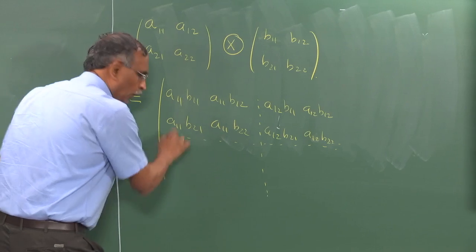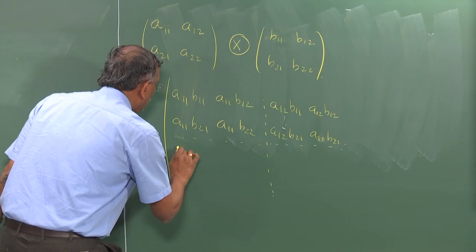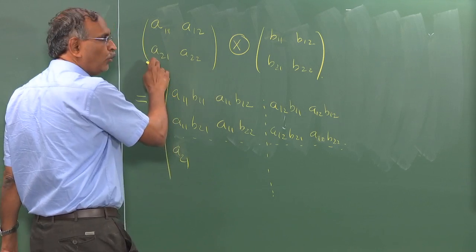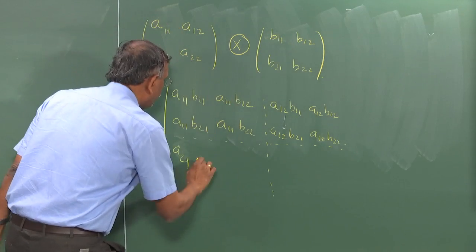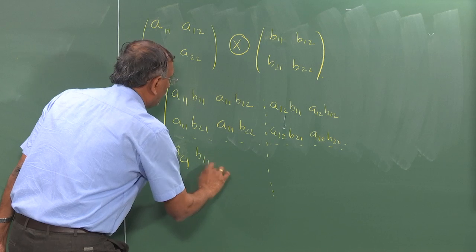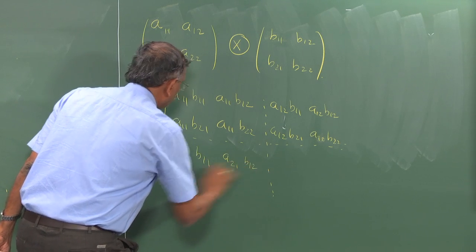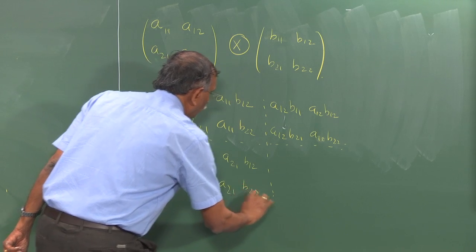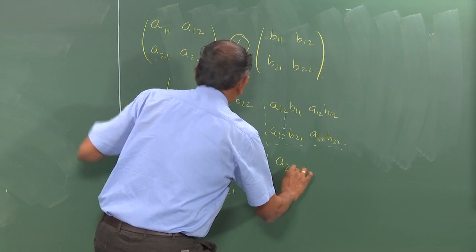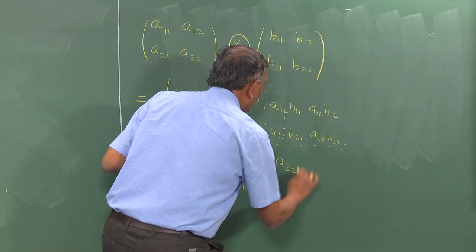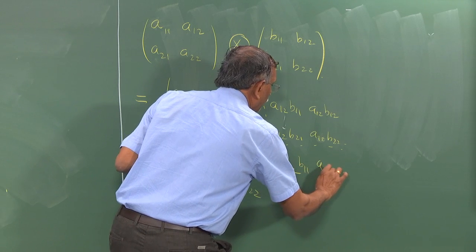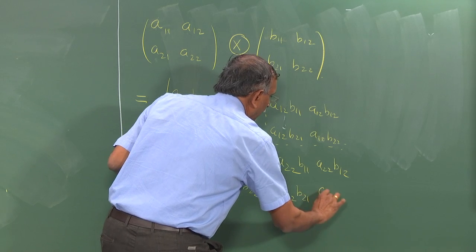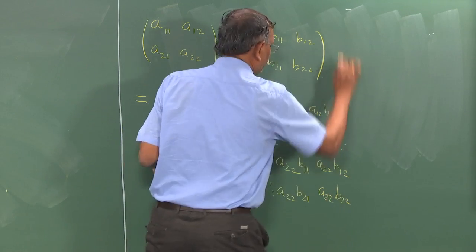And the lower 2 elements are A21, the second row, multiplying all the 4 elements: A21 B11, A21 B12, A21 B21, A21 B22, and the last set is the second row, second column: A22 B11, A22 B12, A22 B21 and A22 B22.